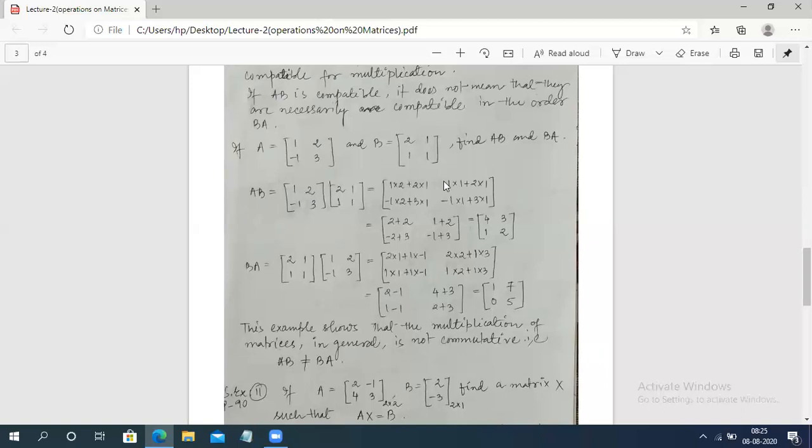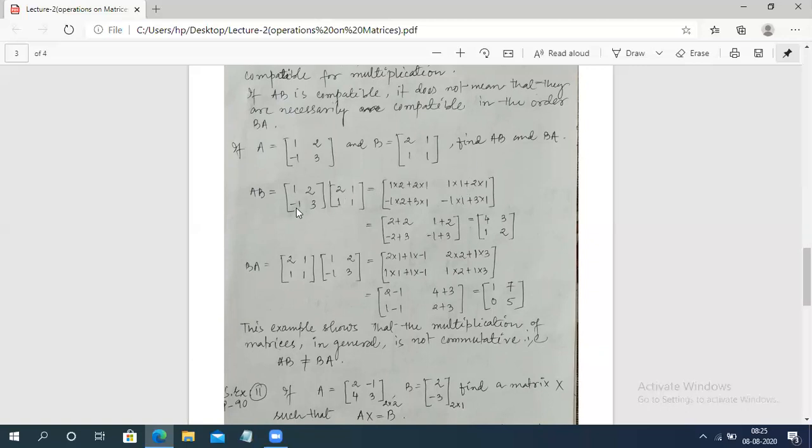Now the product matrix will be: first row, first column, that is 1 into 2 plus 2 into 1. Okay, we get the first element of the resultant matrix. Again, the first row with the second column, 1 into 1 plus 2 into 1. We are getting the second element. The first row is complete.